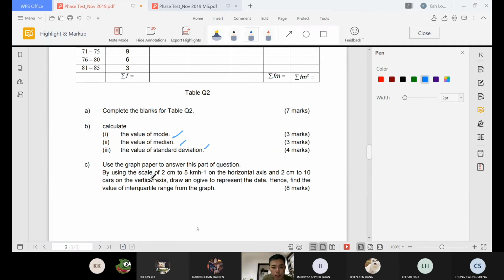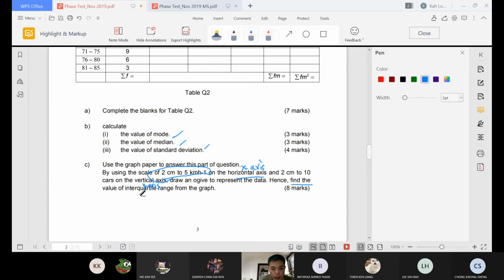They will tell you 2 cm to 5 km per hour for the horizontal axis, which is the x-axis, and 2 cm to 10 cars for the vertical axis, which is the y-axis.